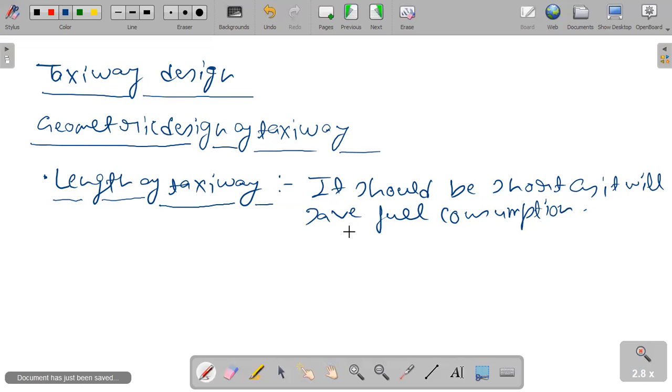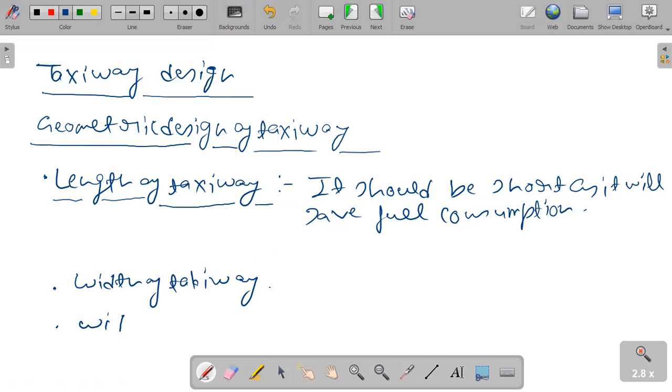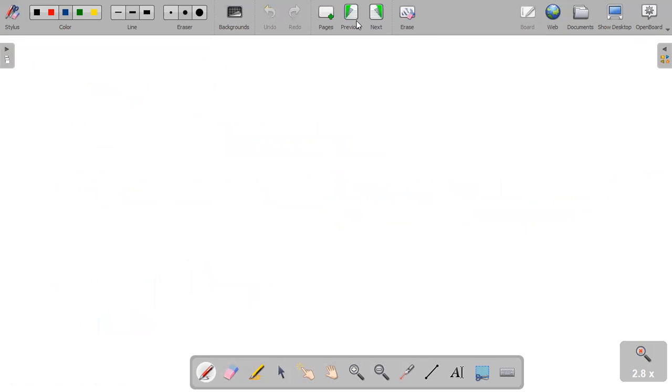Okay, so this is for length of taxiway. And in taxiway design, we also design width of taxiway and width of safety area. Okay, so let's move on to the next thing, longitudinal gradient.